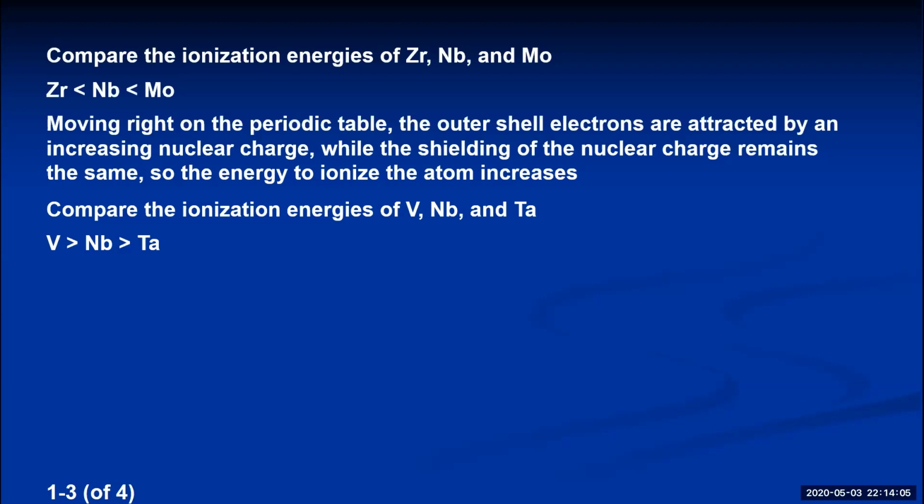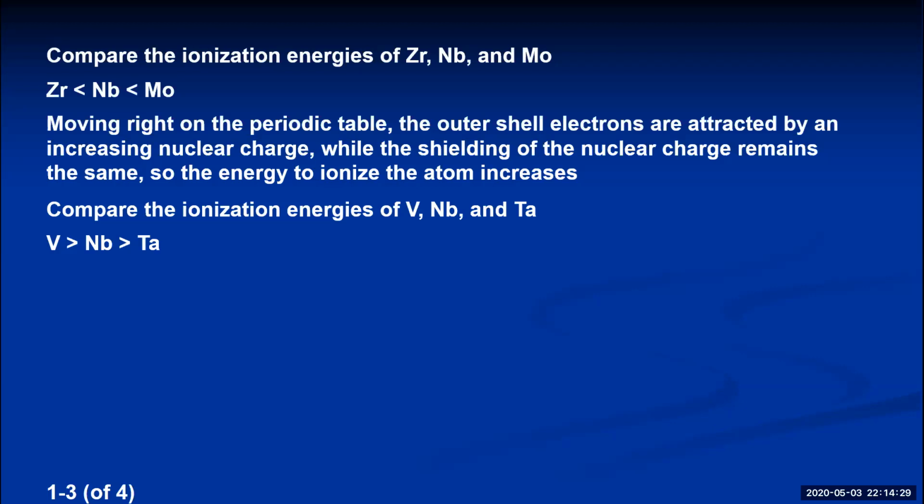Why is that? As you move down on the periodic table, the nuclear charge is increasing, which would tend to lead you to believe that the higher nuclear charge would hold the electrons more tightly, causing the ionization energies to increase. However, you're also increasing the number of shielding energy levels, and the increasing number of shielding energy levels overcompensates for the increased nuclear charge.